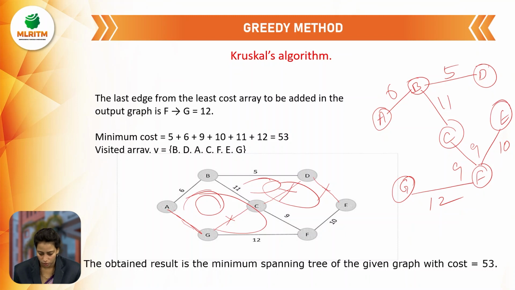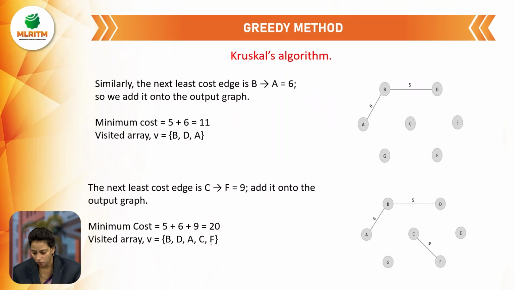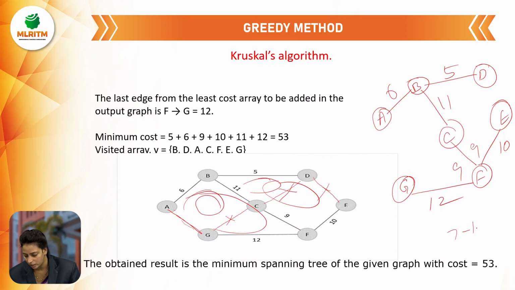Check. In this example, how many vertices in total? 1, 2, 3, 4, 5, 6, 7. So our spanning tree has 7 minus 1 edges: 1, 2, 3, 4, 5, 6. Yes, it is the correct spanning tree.